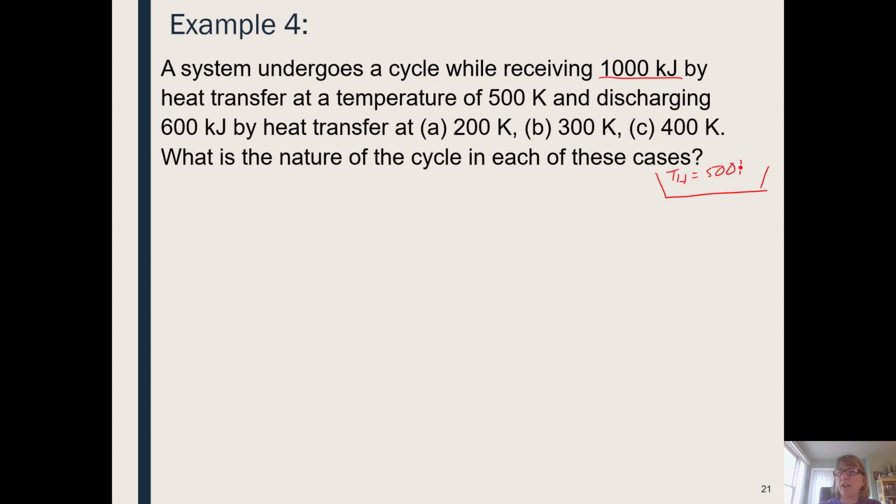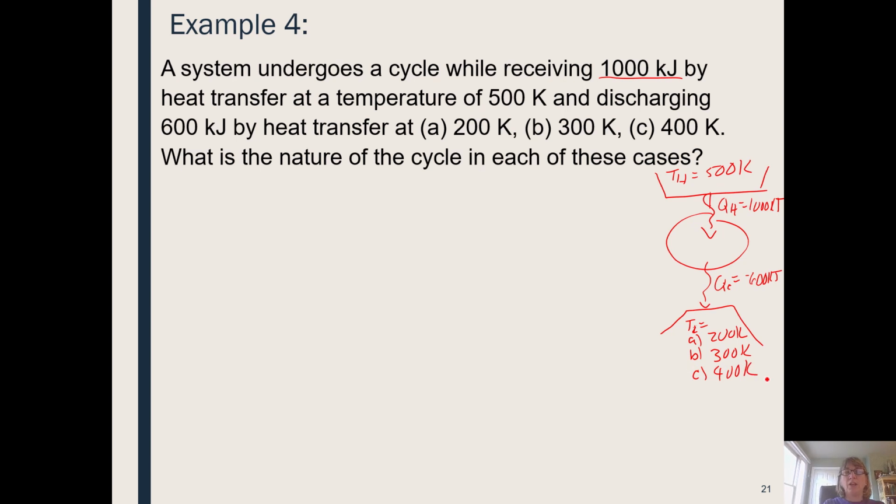This is 500 K, and we're going into our system, and we have QH, which is 1,000 kilojoules, and we have Q going out, QC, which is discharging 600, and our low temperature is going to be, depending on the case, 200K for the first, 300K for the second, and 400K for the third.